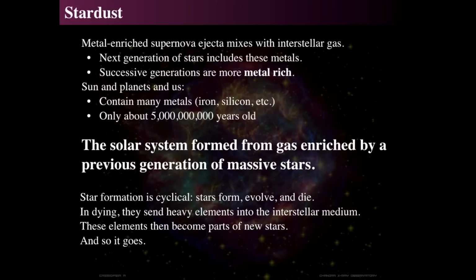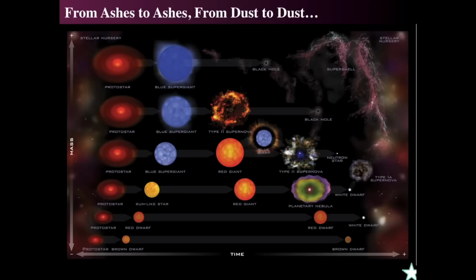There's a different kind of star, but the vast majority of all heavy elements come from supernovas such as these. And therefore, the solar system itself formed 5 billion years ago by gas that was enriched from these massive star explosions. And so stars form, they evolve, they live, and they die. And then they push out that stuff into the interstellar medium and make more stars.